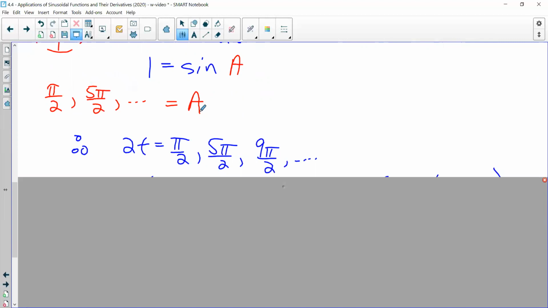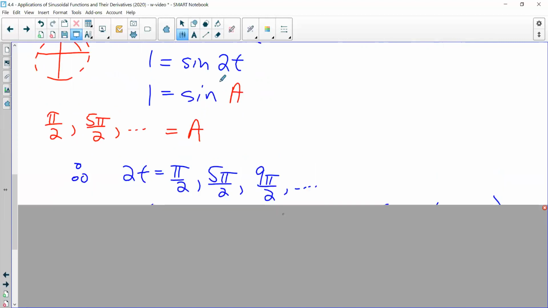All right, so again, we've replaced this angle, temporarily, just to be able to come up with the radian values for the angles. But we need to actually find t, so we have to put that value back in. So 2t is equal to these different values in the sequence.